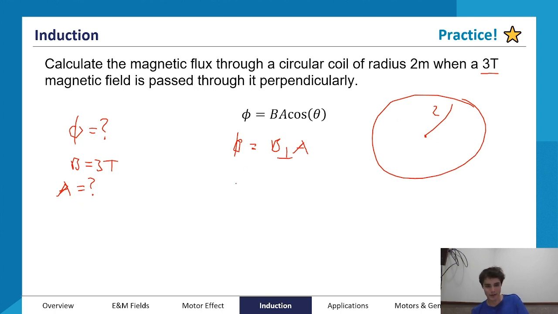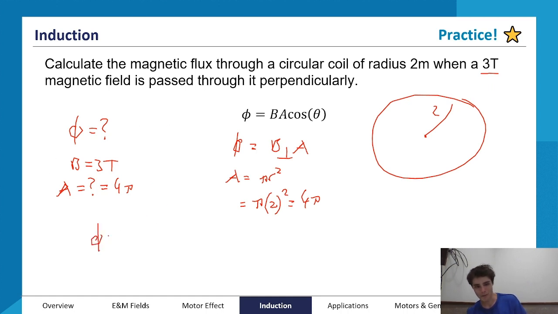So in order to do that, we're going to use the formula. The area of a circle is pi r squared. So putting in r, we get the area of the circle is pi times 2 squared, which is equal to 4 pi. You can evaluate that on your calculator, but I'm a math student, I like to keep things in exact form, so we can write that as 4 pi. And then finally, we can put this into the formula.